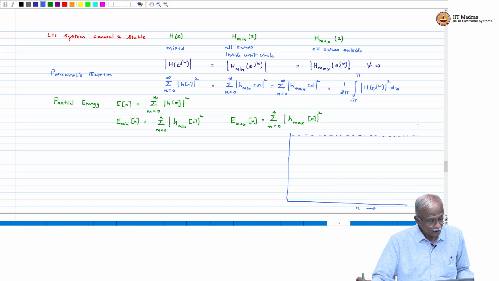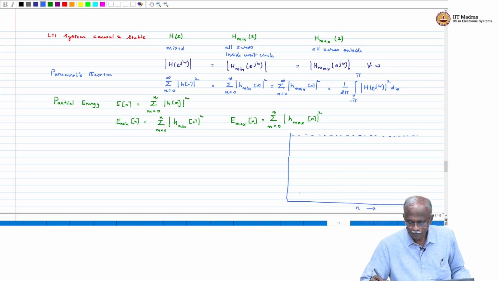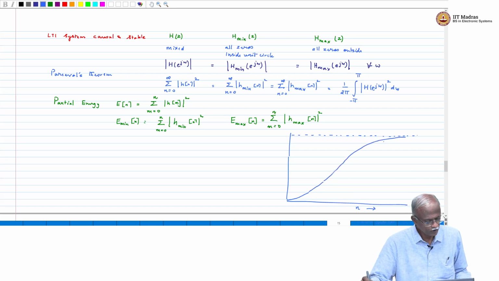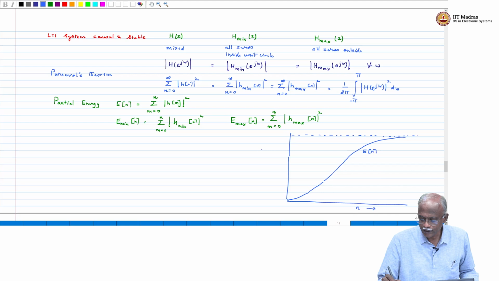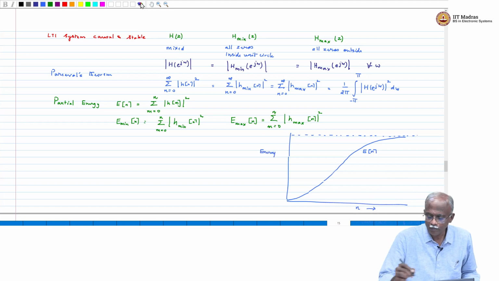Now the partial energy for the mixed system, let us say, starts at 0 and then approaches the maximum. So this is E of n, the partial energy. This is the energy plot as a function of n.